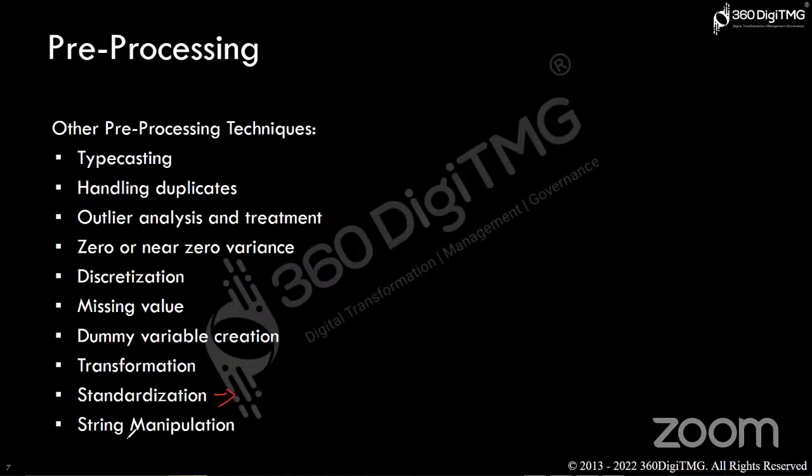Then standardization and normalization are also there. These are all scaling methods. Scaling means, suppose one variable is in tens and another is in lakhs. It will be very hard to compare them, as we say that all the variables have equal importance.